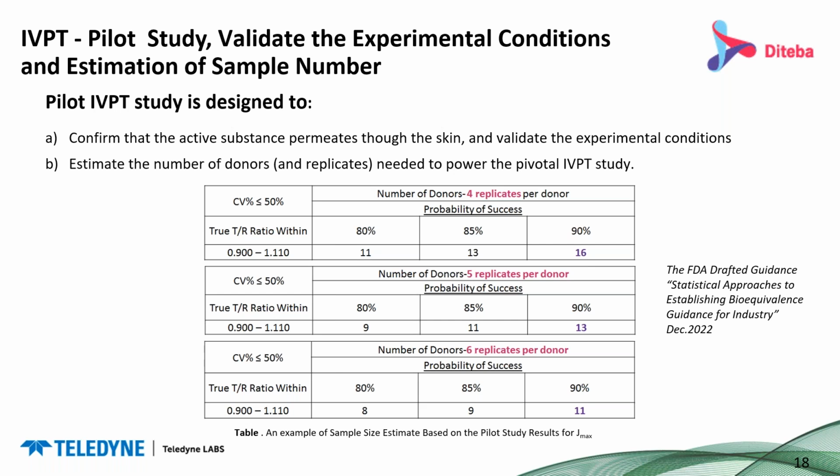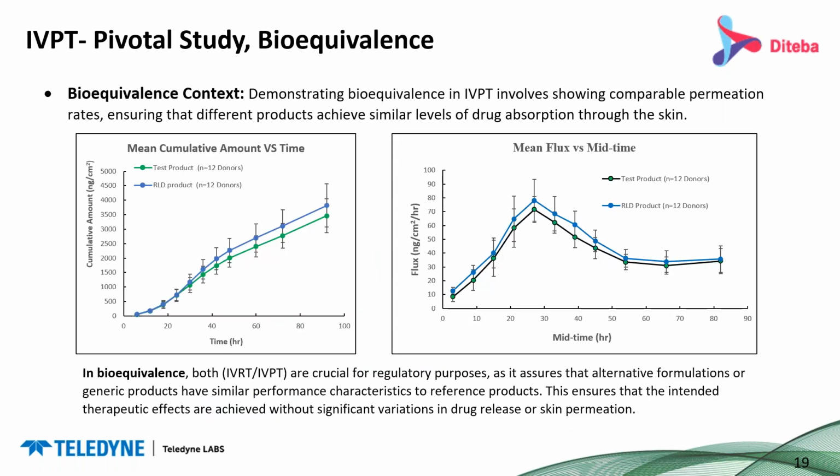The EMA requirement is at least 12 donors and 2 replicates for the pivotal IVPT study. In a pivotal IVPT study, typically topical products exhibit a conventional absorption profile within the specified IVPT study duration.